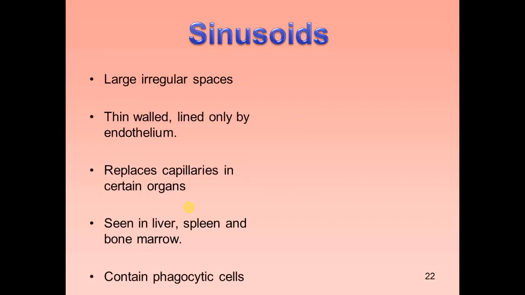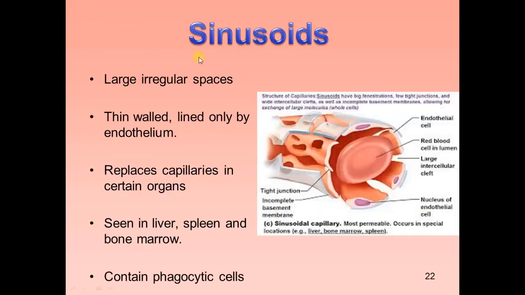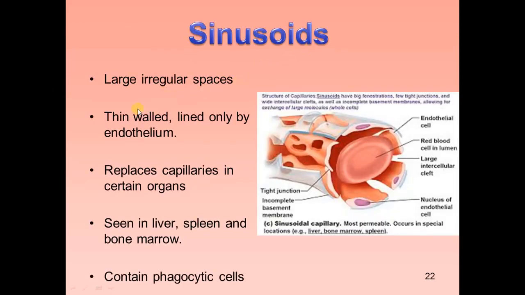Now in some places the capillaries will be replaced by sinusoids, and these sinusoids are called large irregular spaces lined only by endothelium. Large spaces lined only by endothelium, no smooth muscle cells, and they might also be fenestrated, that means with pores you can see that. They replace the capillaries, and they are mainly seen in the liver.